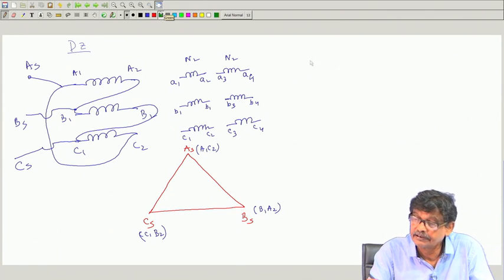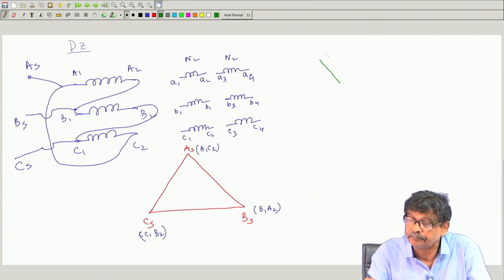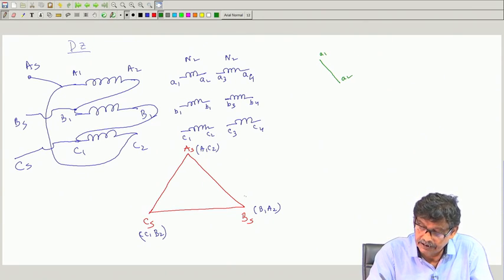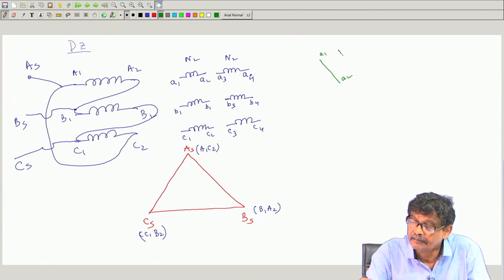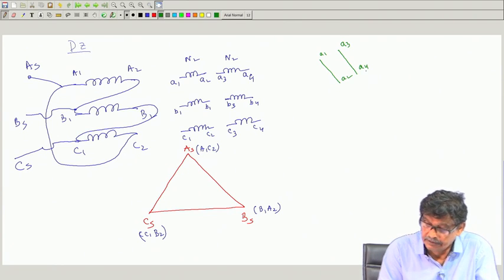What are the voltages? A1, A2, parallel voltages of equal length A3, A4.